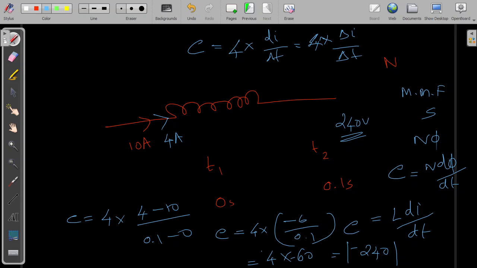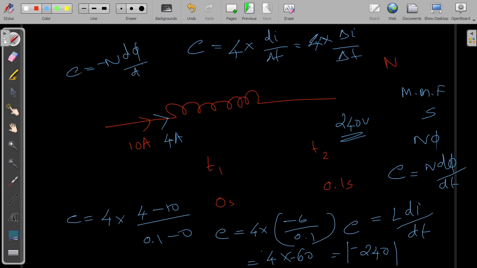Another important point that I missed is that in Faraday's law of electromagnetic induction we have the magnitude N d phi by dt, but for the direction, E is equal to minus N d phi by dt.